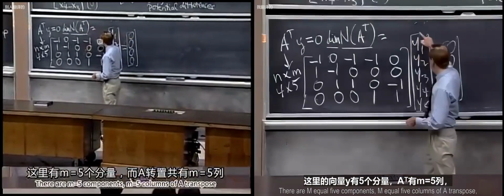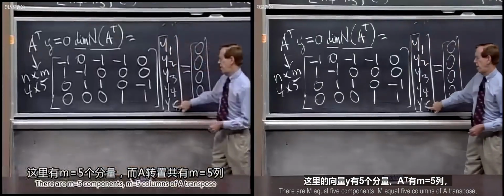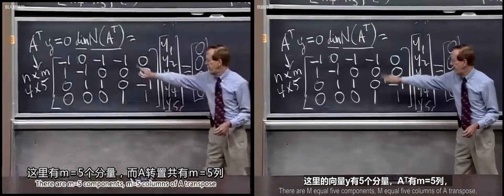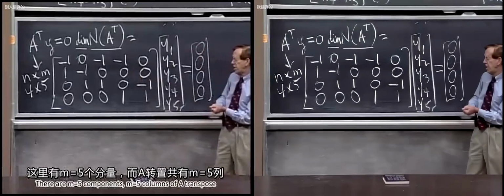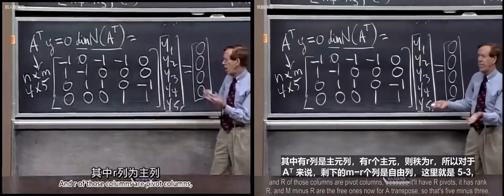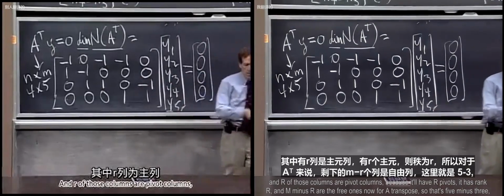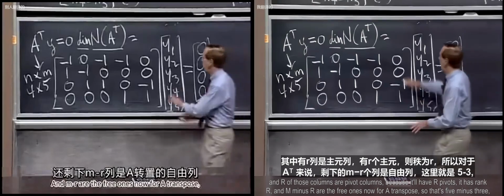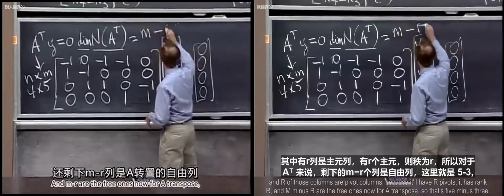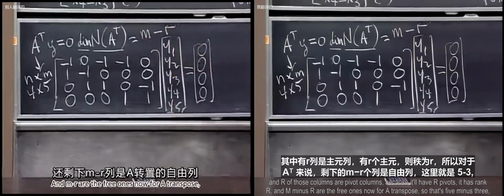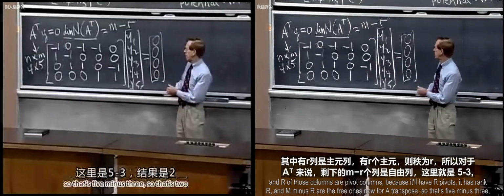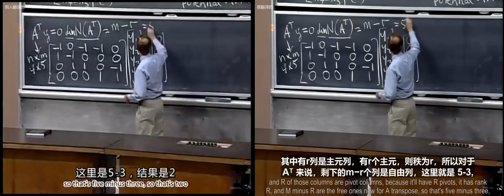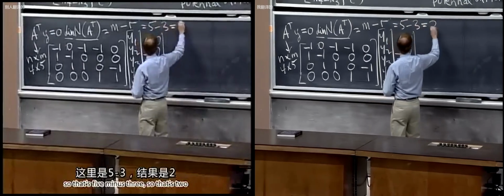There are M equal 5 columns of A transpose, and R of those columns are pivot columns because it has rank R, and M minus R are the free ones now for A transpose, so that's 5 minus 3, so that's 2.